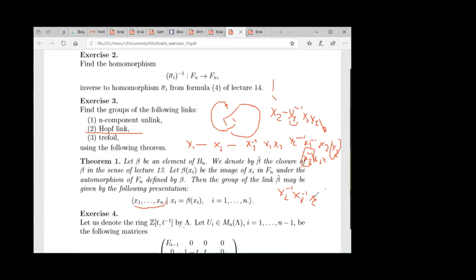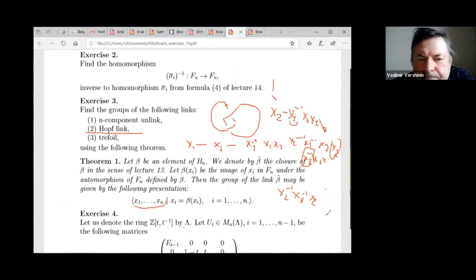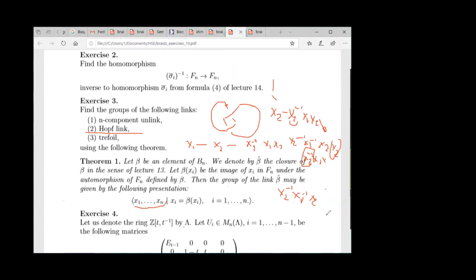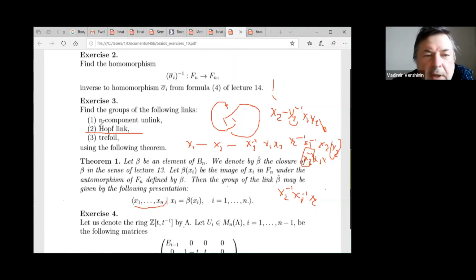If we consider the complement of the Hopf link in the sphere, and the torus is known to be abelian, its intuitive point... Yes, I agree, but I want to use this theorem.